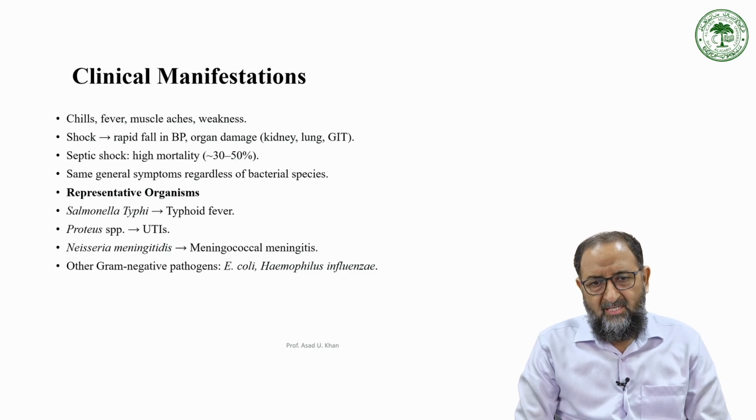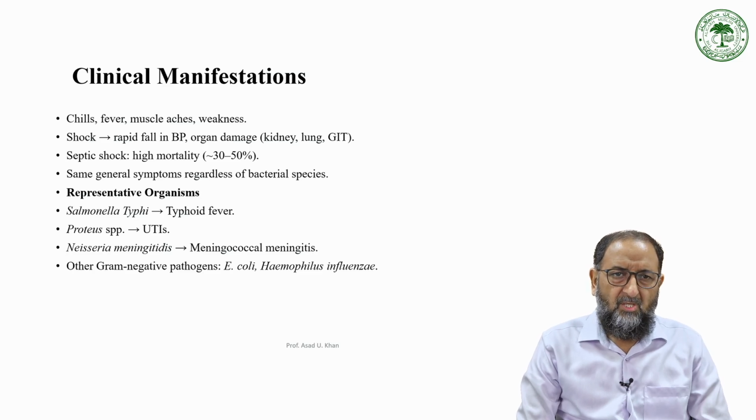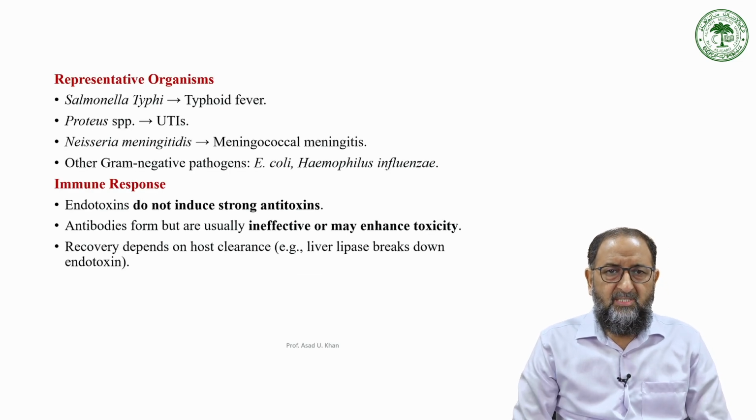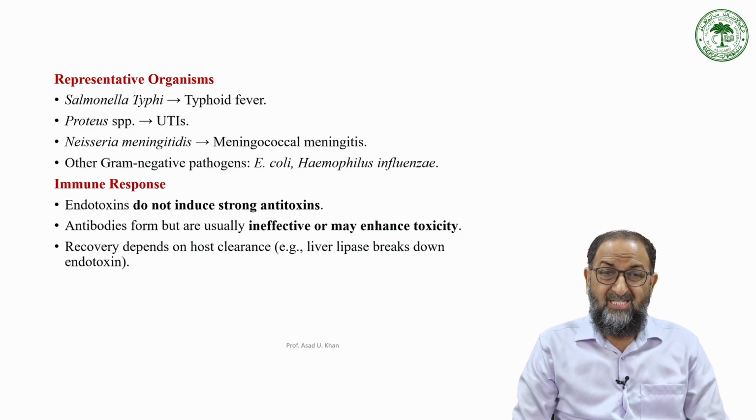Other gram-negative pathogens are E. coli, Haemophilus influenzae, and many more. Now, representative organisms are Salmonella typhimurium, causing typhoid fever, Proteus species causing UTI infections, Neisseria meningitidis causing meningococcal meningitis.